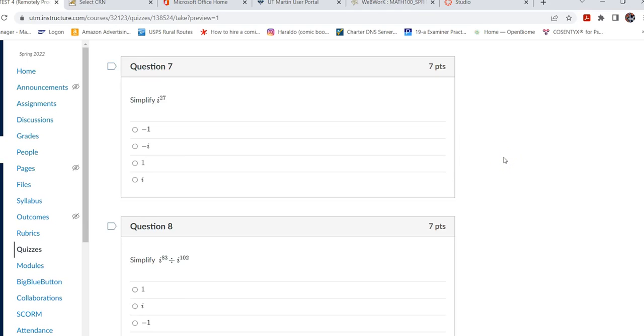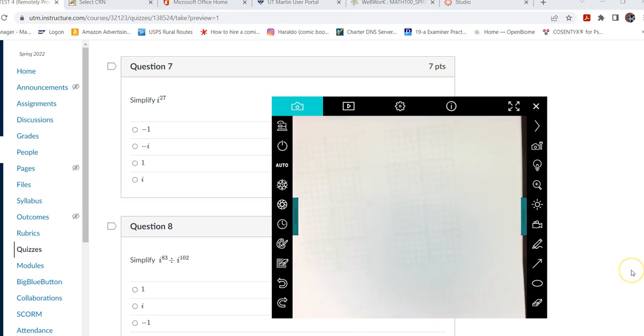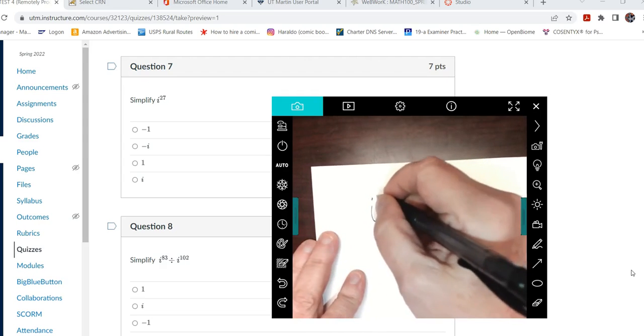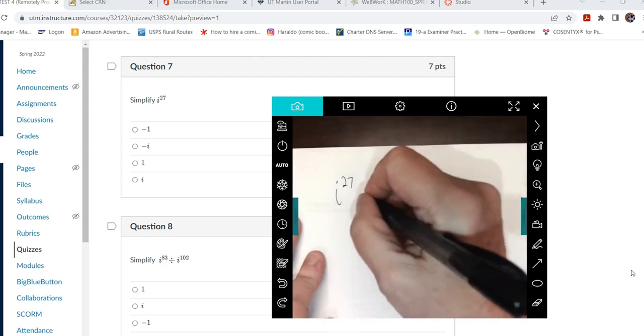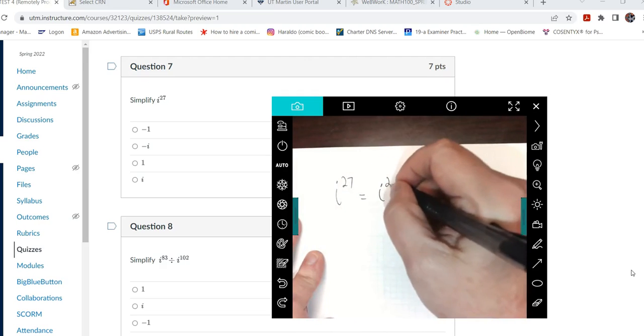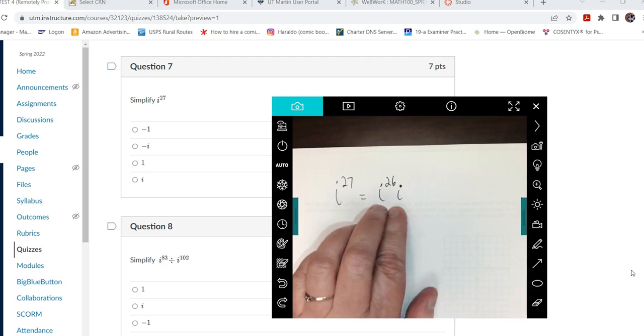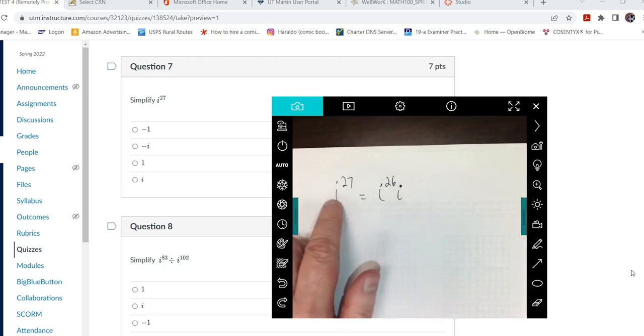Okay, now we want to simplify i to the 27. All right, so I'm going to rewrite i to the 27 as i to the 26 times i, because if I multiply those together, I get i to the power of 26 plus 1, which is 27.